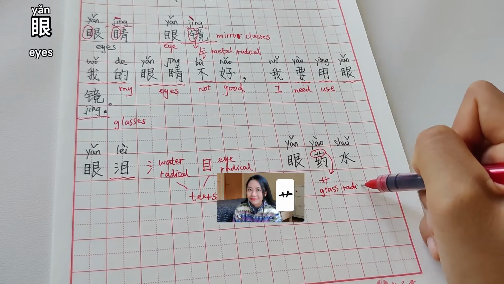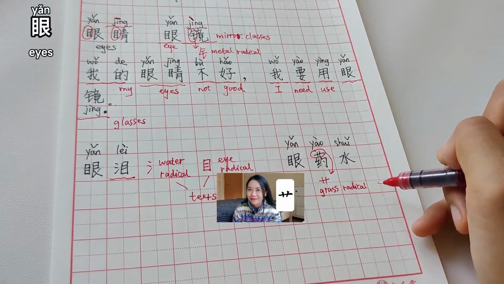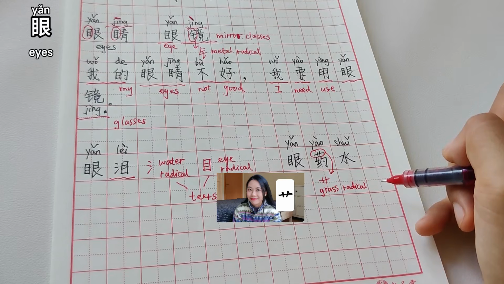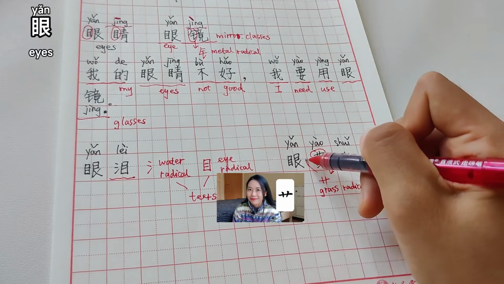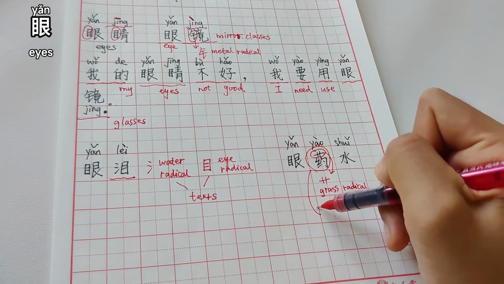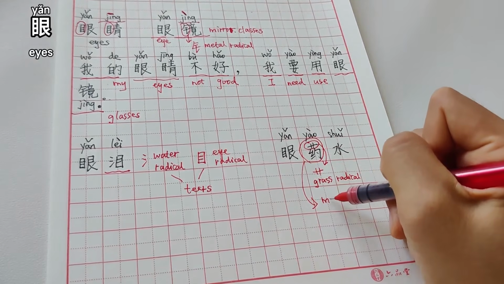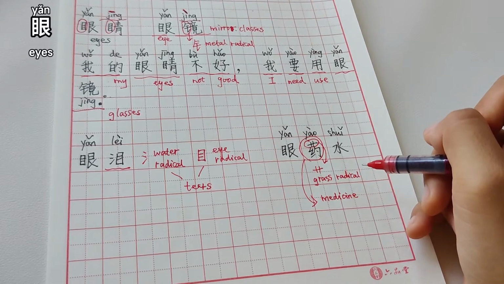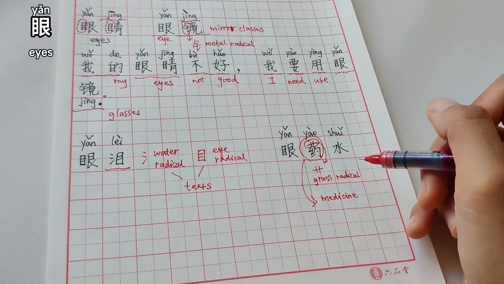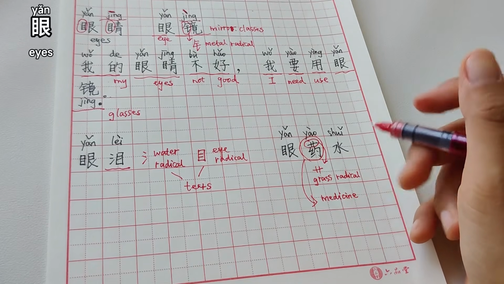So the grass radical is related to grass, plants, flowers, etc. And the 药 itself means medicine. Because you know, a lot of Chinese medicine are made from plants. We use a lot of herbs.